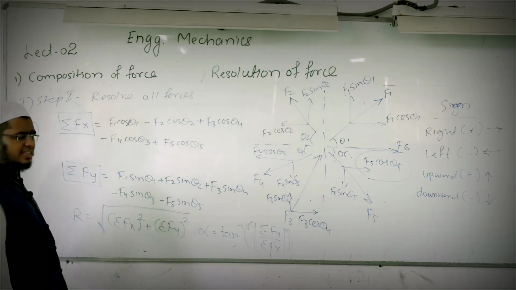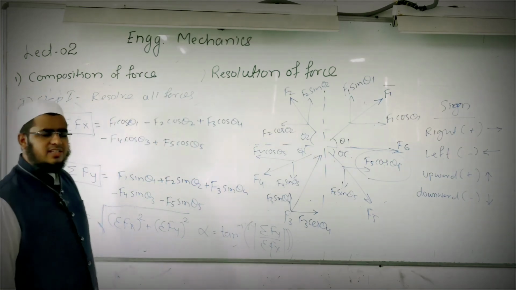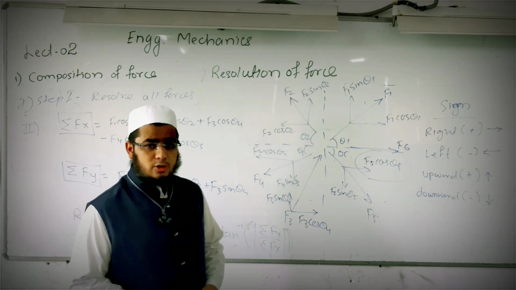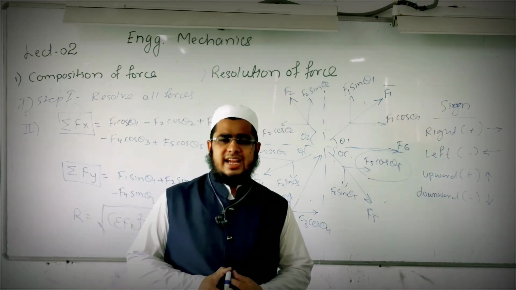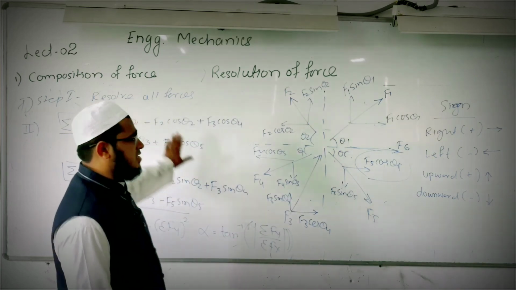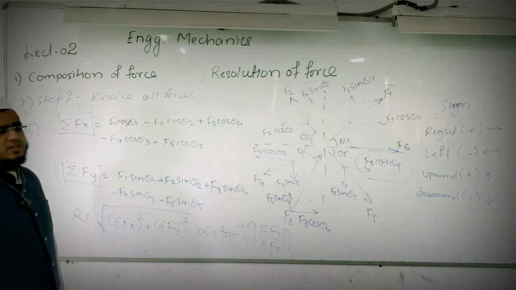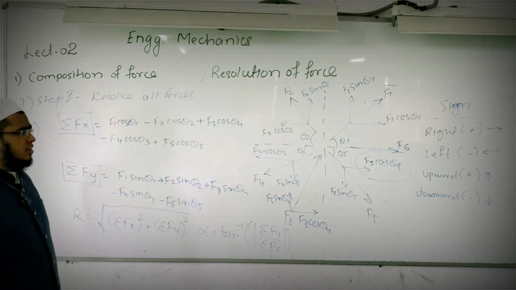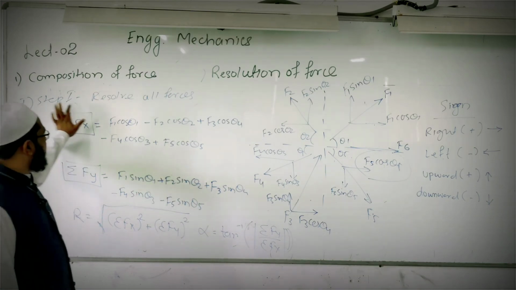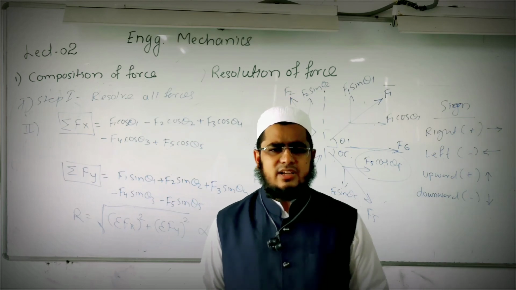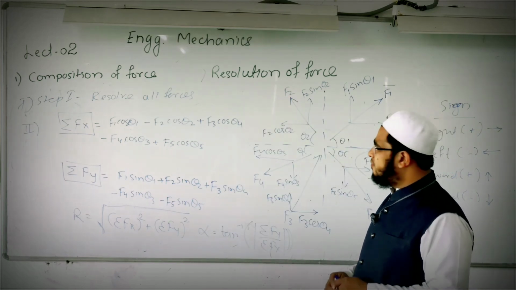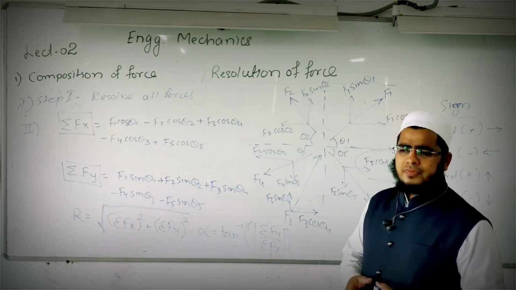When two forces are acting, to determine the resultant we will use the law of parallelogram of forces. But when a number of forces are acting, we will use this general method to determine the resultant of the force system. The first step is to resolve all the inclined forces with the help of sine and cos.